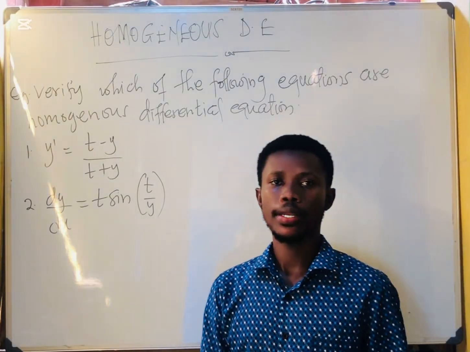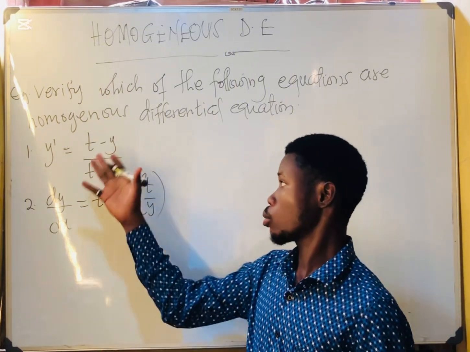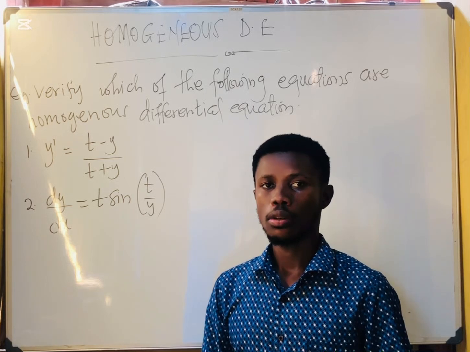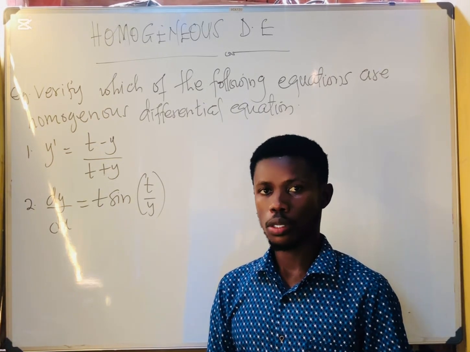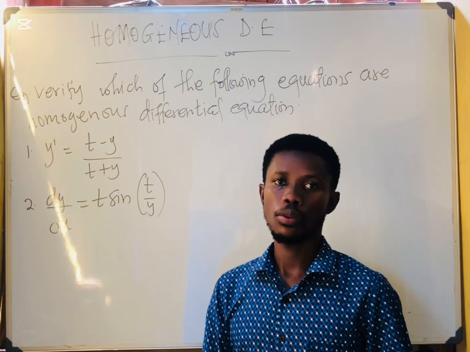So now let's look at these two examples. We should verify which of these two examples is a homogeneous differential equation. I've already said that for it to be a homogeneous differential equation, it must be a homogeneous function, and that function must have degree 0, okay?